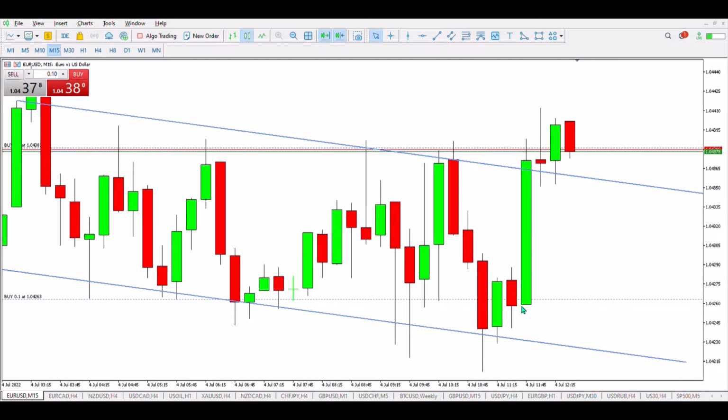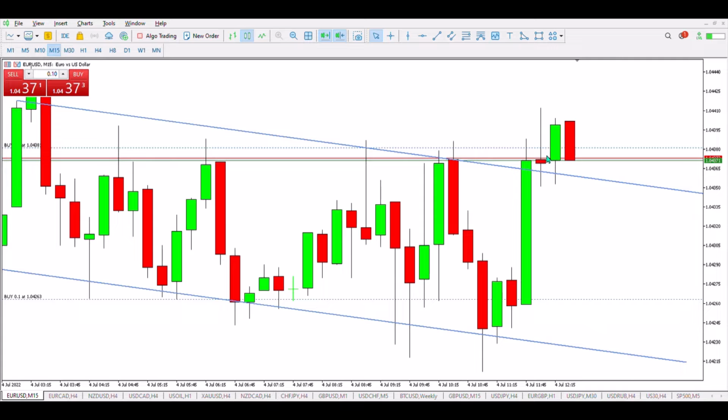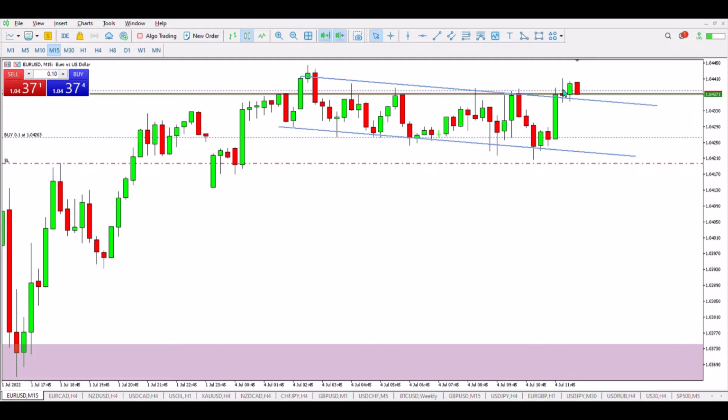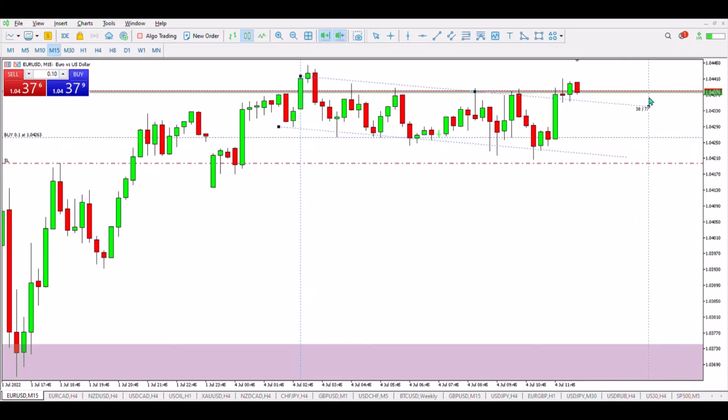So first here we have this beautiful bullish candle, and on the next candle we have kind of a rejection. That's why I didn't enter there. I waited for this green little candle to confirm that we are closing and going above this channel resistance.